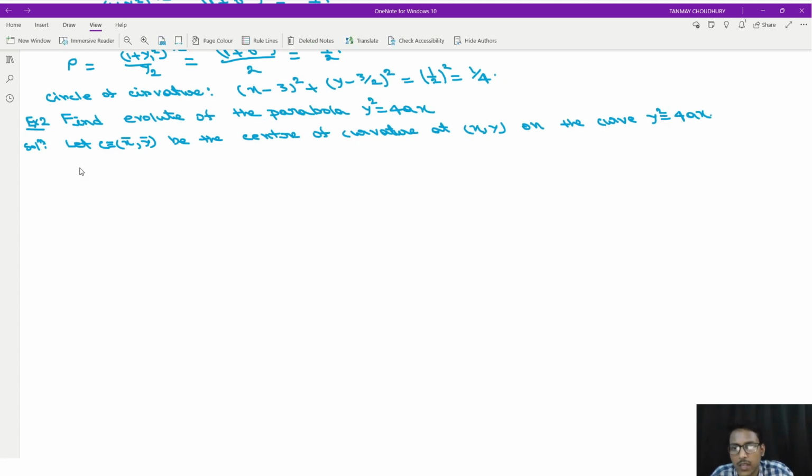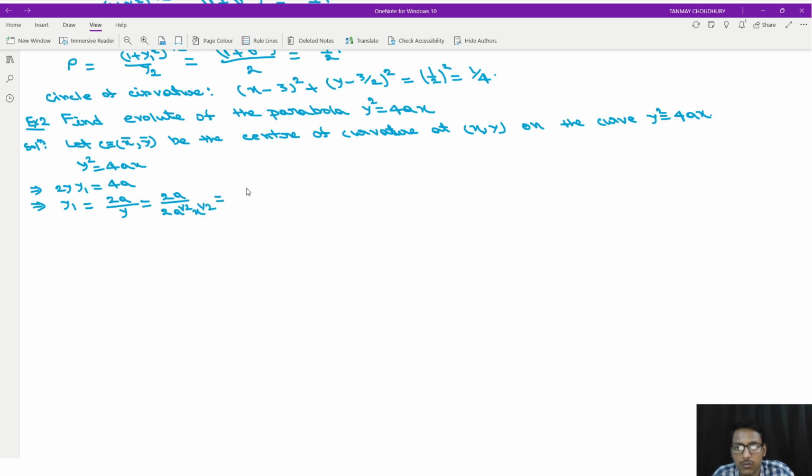So what is y1 in this case? We have y square is equal to 4ax, which gives 2y times y dash, which we denote by y1, as 4a. So y1 is twice a by y, and as y square is equal to 4ax, y is 2 a to the power half x to the power half.